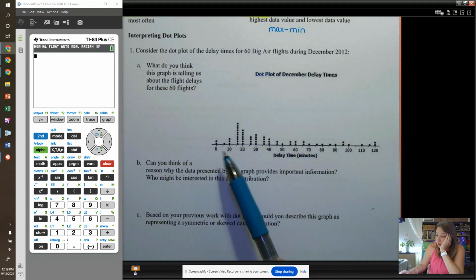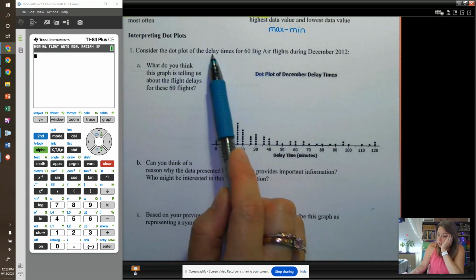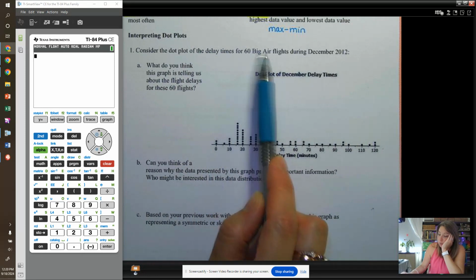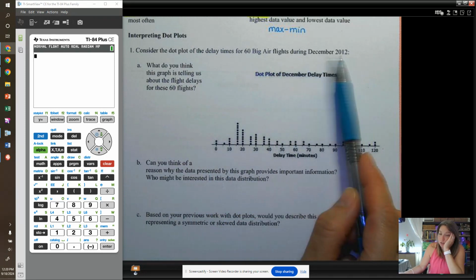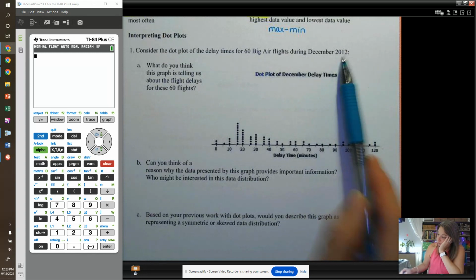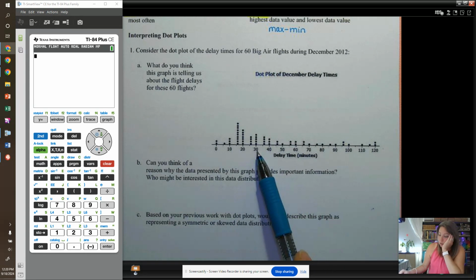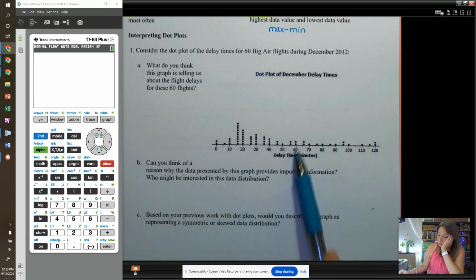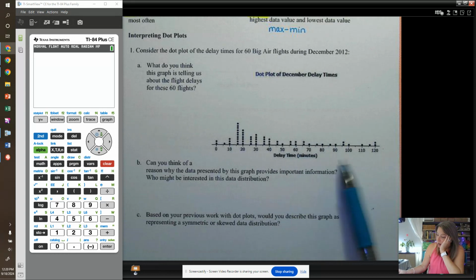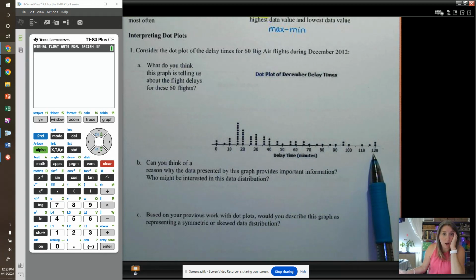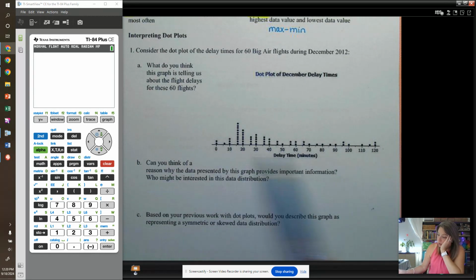So if we look, this is the delay times for 60 Big Air flights during December 2012. Here's our dot plot. These delay times are in minutes, so 30 minutes, half an hour, 60 minutes, a full hour, 90 minutes, an hour and a half, 120 minutes, 2 hours, just to give a little bit of that.